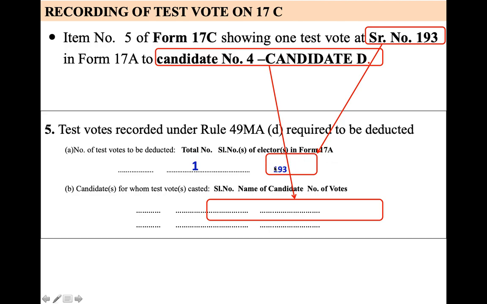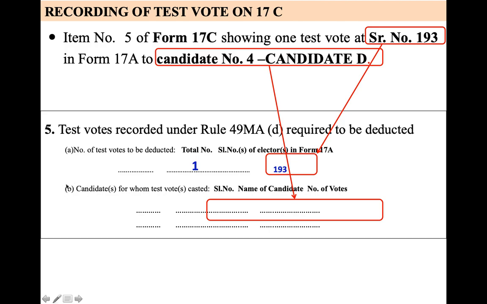She was the 192nd voter, but the test vote was cast on serial number 193. So we enter the second serial number that we entered for her, and here how many test votes did she cast? Just one. So we write one test vote here.